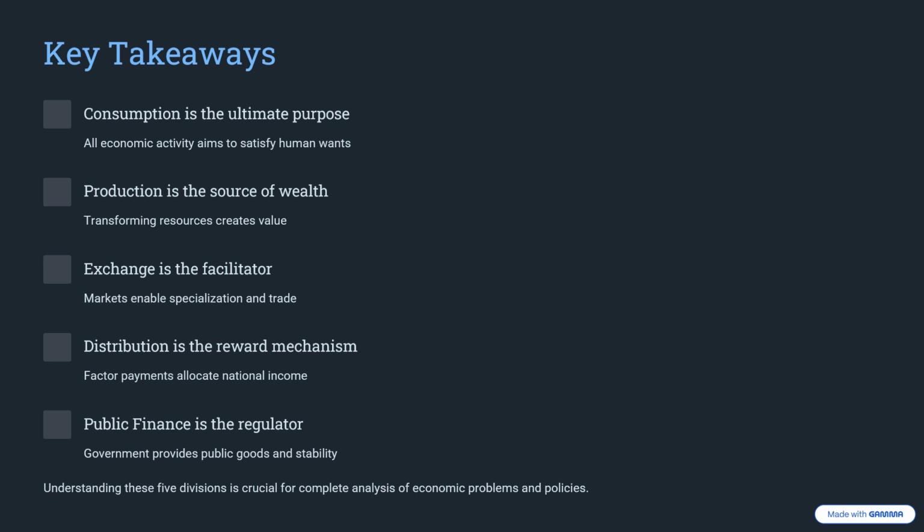Exchange is the facilitator, enabling specialization and trade. Distribution is a reward mechanism, where factor payments allocate national income. Public finance is the regulator; government provides public goods and stability. Understanding these five divisions is crucial for a complete analysis of economic problems and policies.